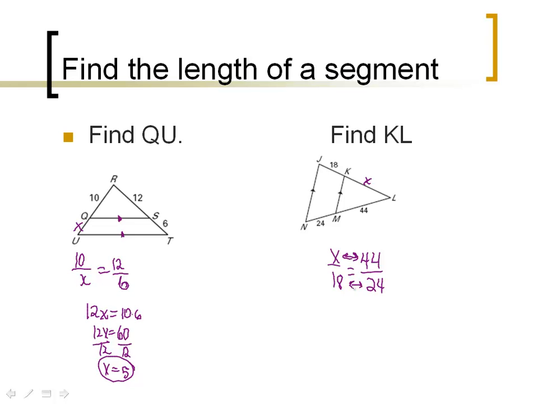So use your cross product property here. 24 times x equals 18 times 44. If I divide both sides by 24 here, if you do 18 times 44 divided by 24, you'll find that x equals 33. And there's your answer, because we were looking for the distance from K to L.